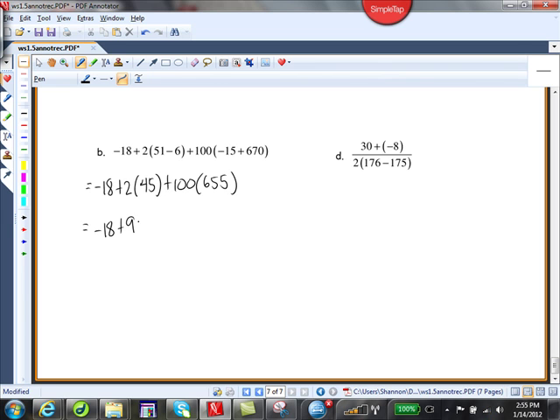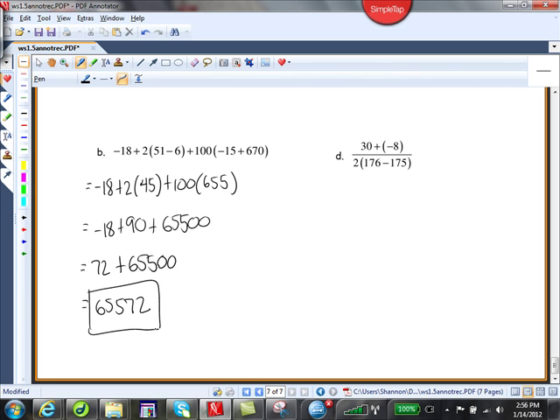So we'll have 2 times 45 is 90. And then 100 times 655 is going to be 655 with 2 zeros at the end. So 65,500. So combining the negative 18 and the 90, we'll get 72. We'll be adding that to the 65,500. And at the end of the day, we will get 65,572.